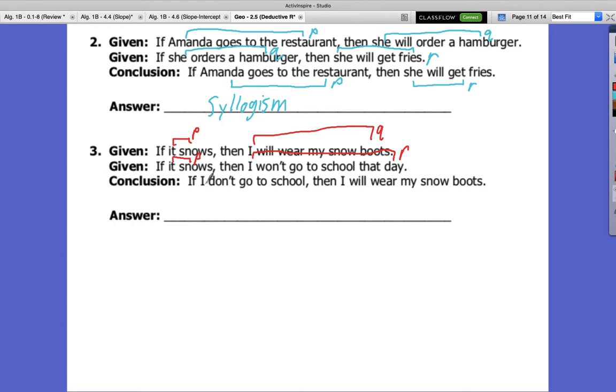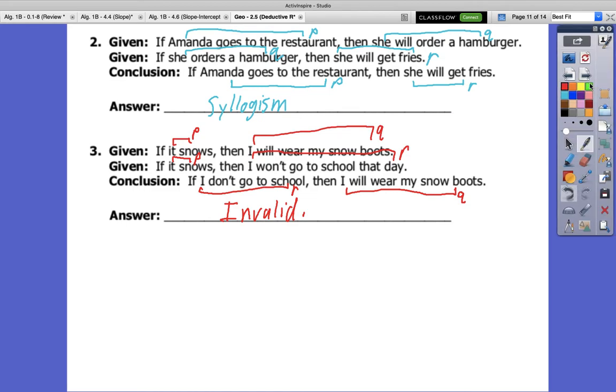Let's finish it out though, just in case. If I don't go to school, that's R, we've seen that before, then I will wear my snow boots, that's Q. So this follows nothing that's going on here. The beginning doesn't set up to follow it, the conclusion doesn't match. This one is invalid. It looks like someone tried to use the law of syllogism improperly.